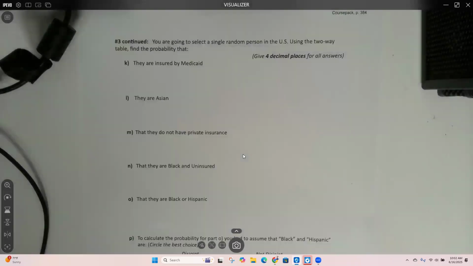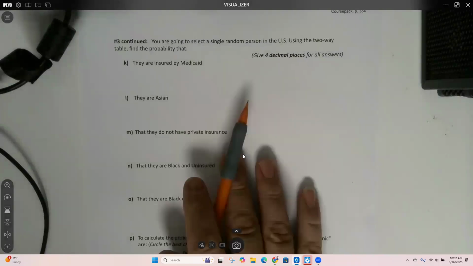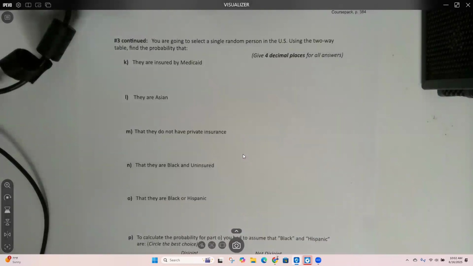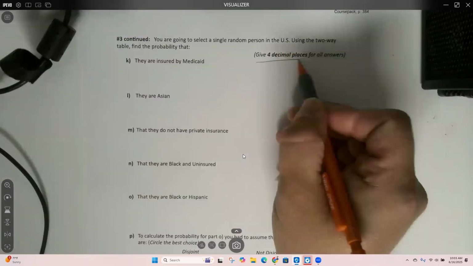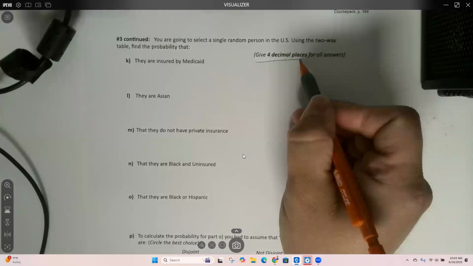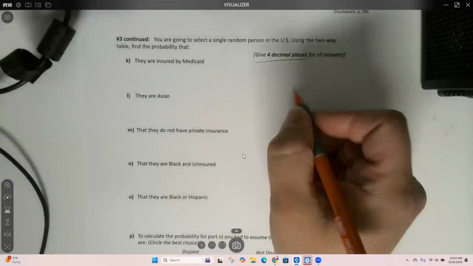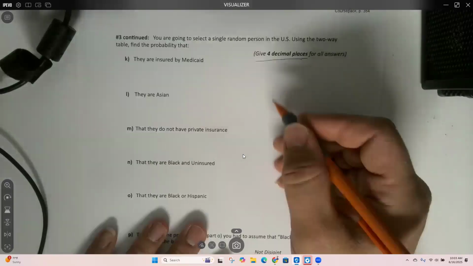So we're still talking about the same thing we were looking at a second ago: people insured by race. You're going to select a single random person in the US using the two-way table and find the probability, and make sure you give four decimal places for all answers. So pay attention to the number of decimals that we're looking for.